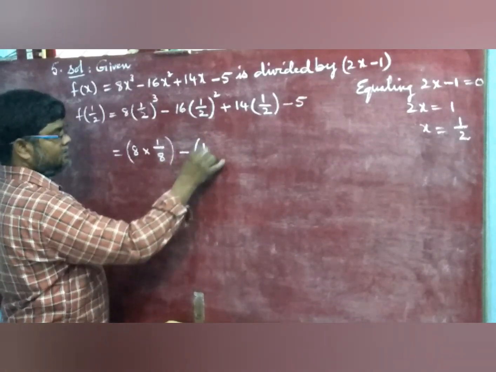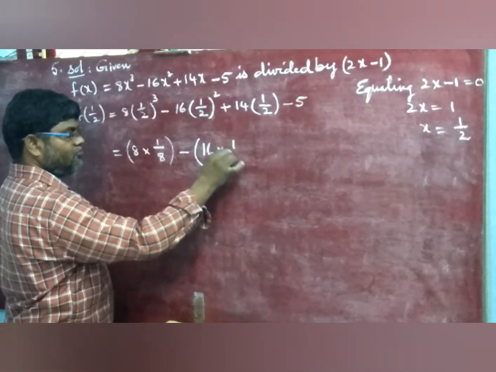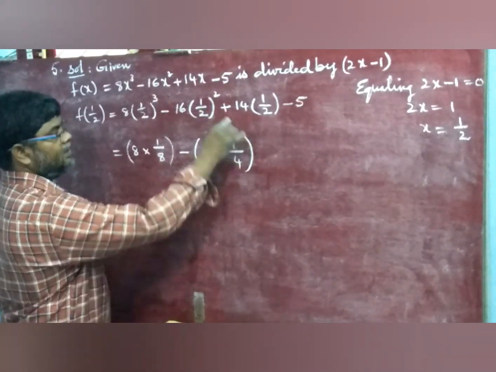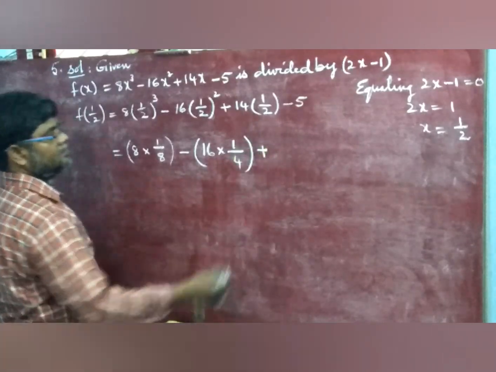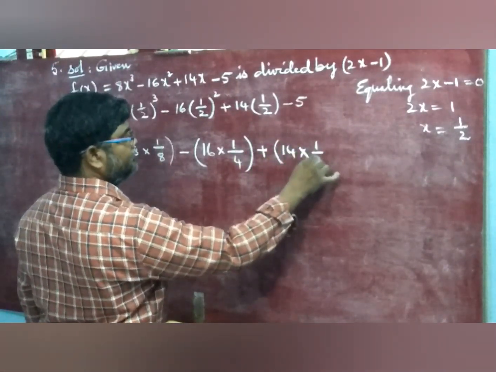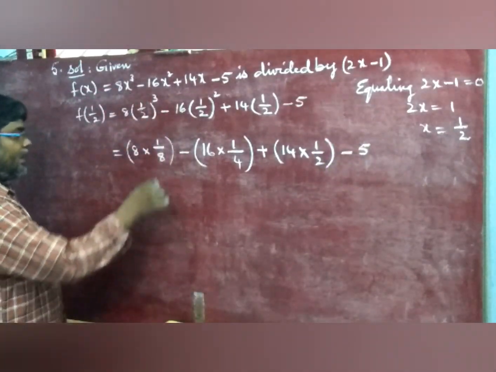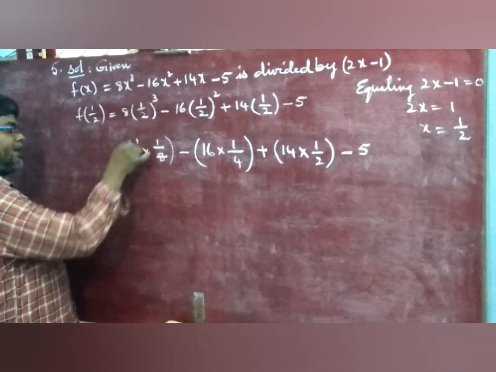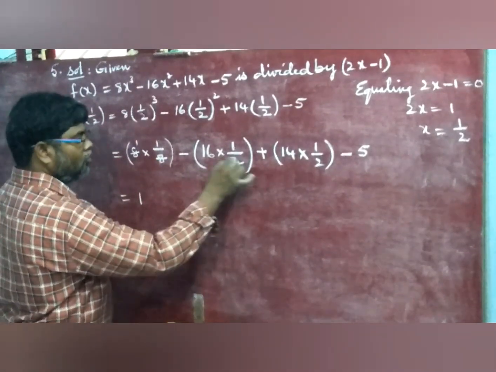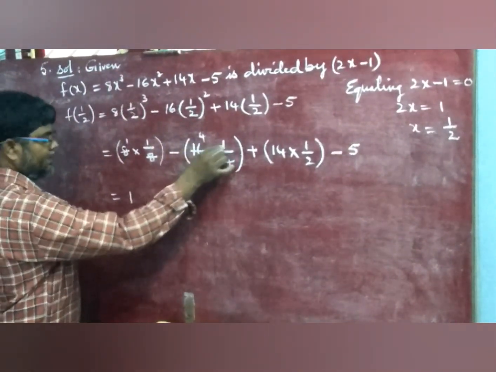Minus is there. Minus 16 into 1 square means 1 1 is 1. 2 square, 2 2s are 4. Here plus is there. Plus 14 into 1 by 2 minus 5. 8 goes in 8 one time. 1 1 is 1. 4 goes in 16 4 times. 4 1 is 4.